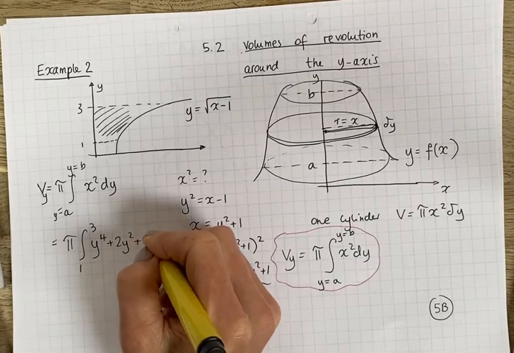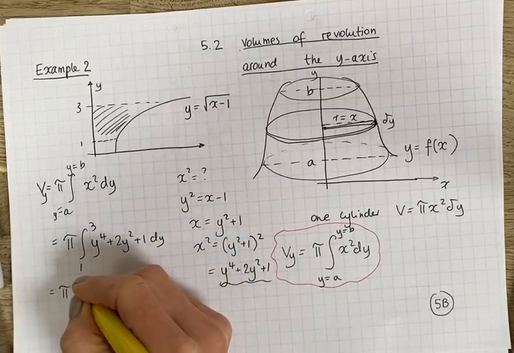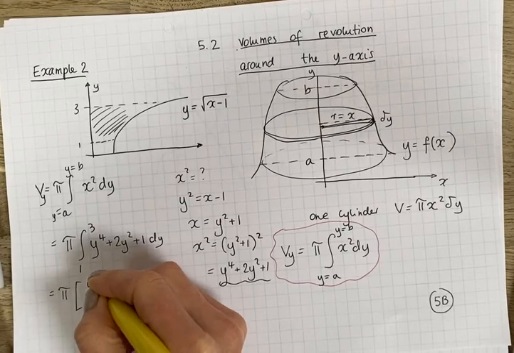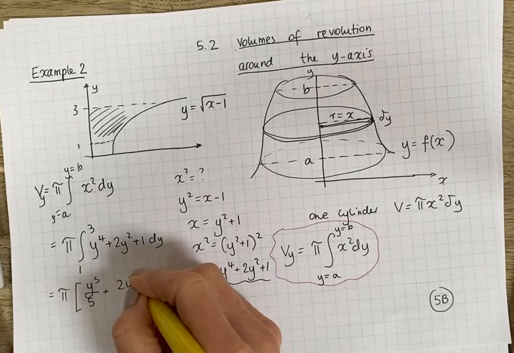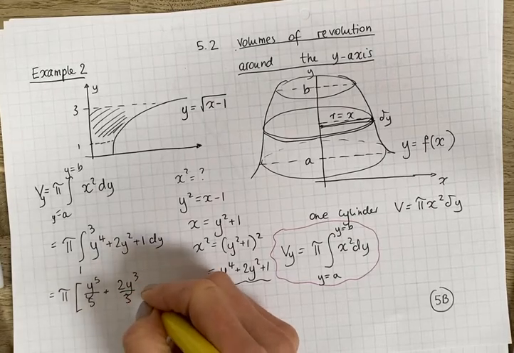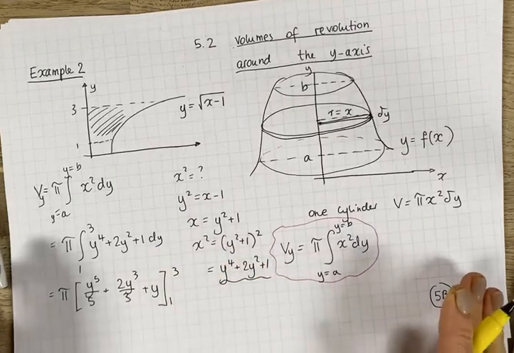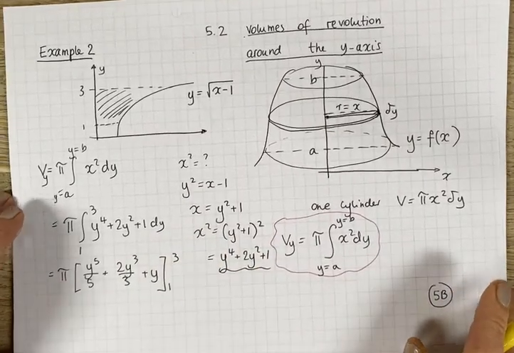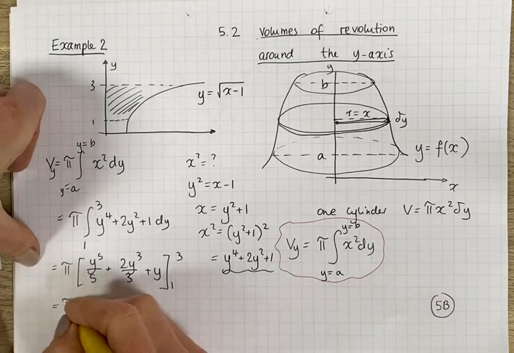So let's integrate. It's going to be y to the power 5 over 5 plus 2y cubed over 3 plus y, between the limits y equals 1 and 3. Okay, and let's now put the limits in, show clearly that you are popping those in.